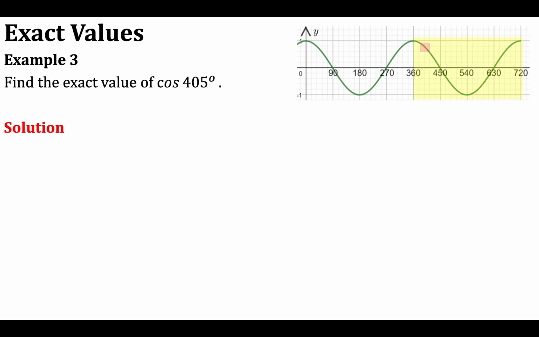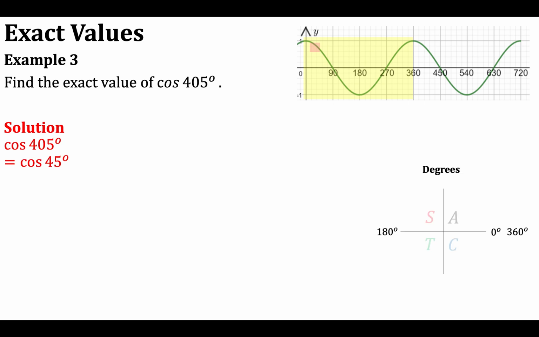If we have a look at that wave as a whole, between 360 and 720, you can see that it is the repetition of the wave between 0 and 360. So cos 405 is actually the same as cos 45. Now we look at that in the cast diagram as well. Cos 405, well, you can see we go from 0 all the way down to 360, so it's going to go further than that.